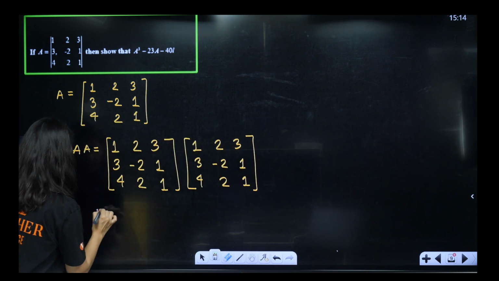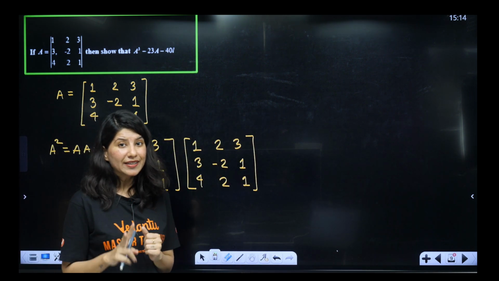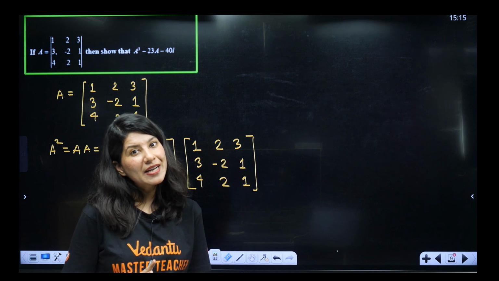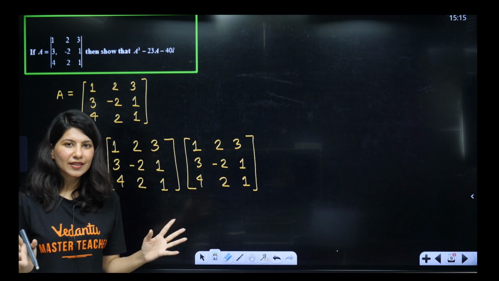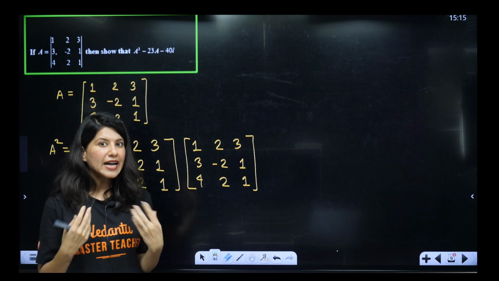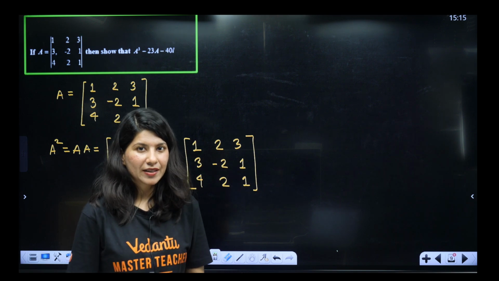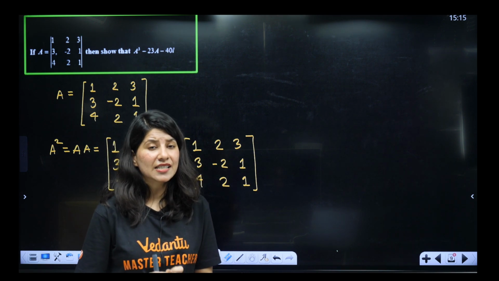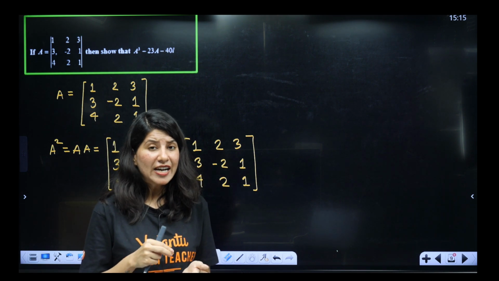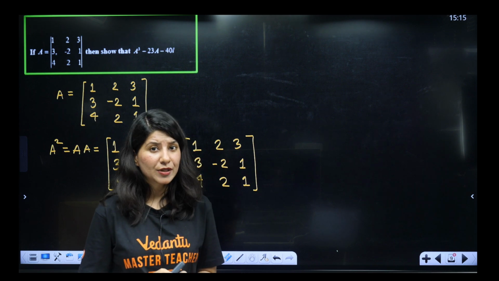Alright. Now, how do you multiply two matrices? I will show you. If you do not understand how to multiply, I will tell you. But one tip: there are a lot of chances that while multiplying, you will make a calculation mistake.